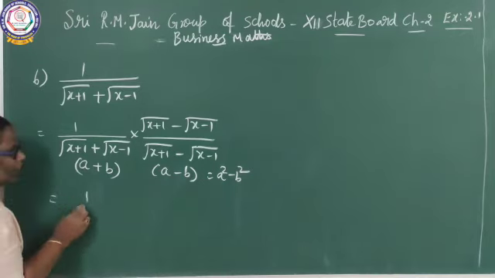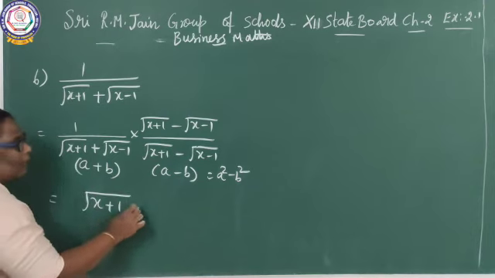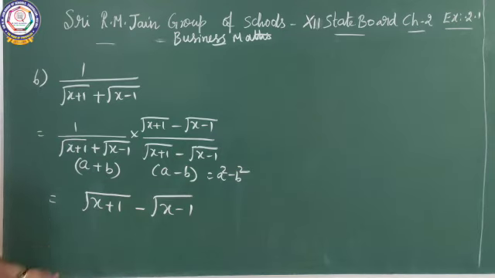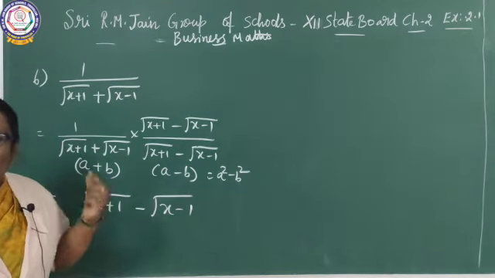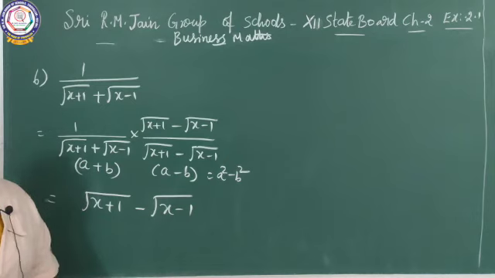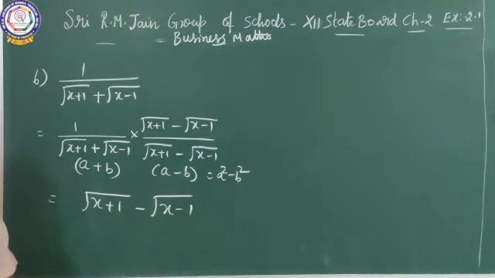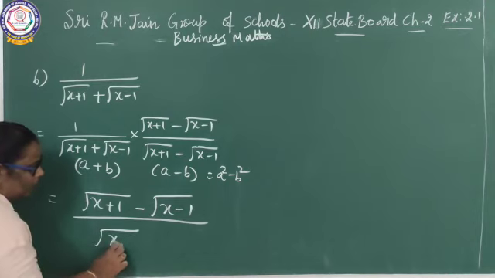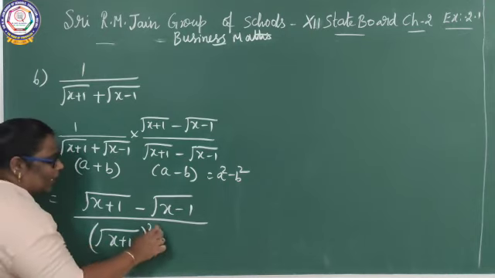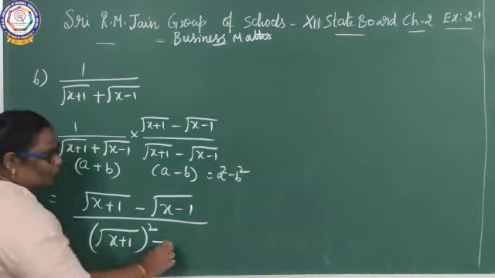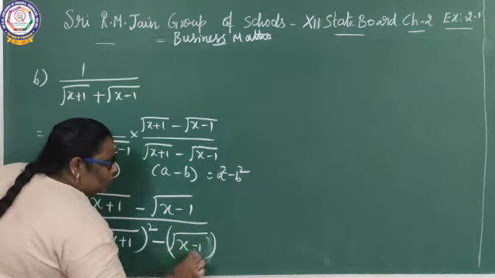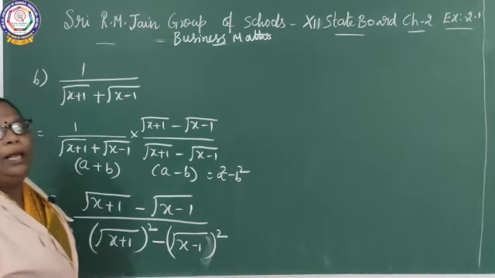So it gives 1 into, it means it gives what? Root of (x + 1) minus root of (x - 1). This value is a and this value is b. (a + b) into (a - b) gives a square minus b square, by a square minus b square, root of (x - 1) the whole square.